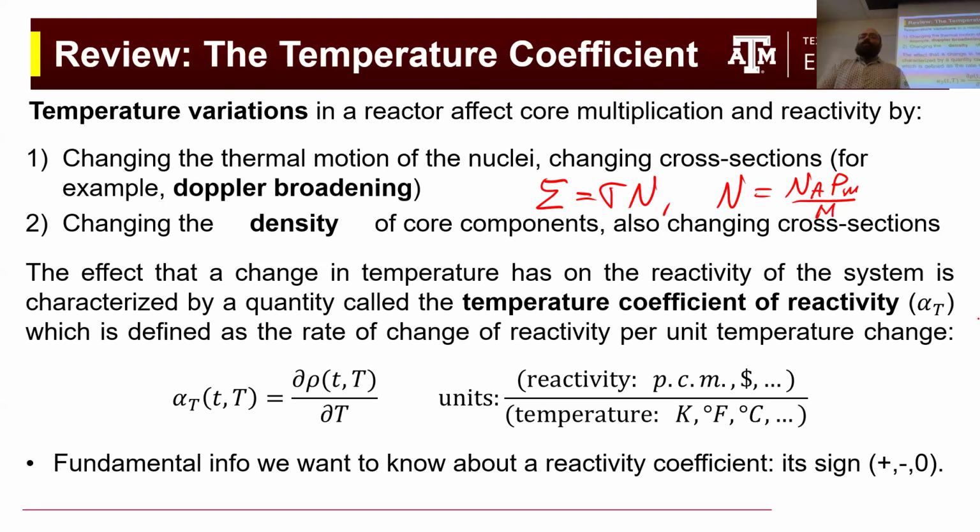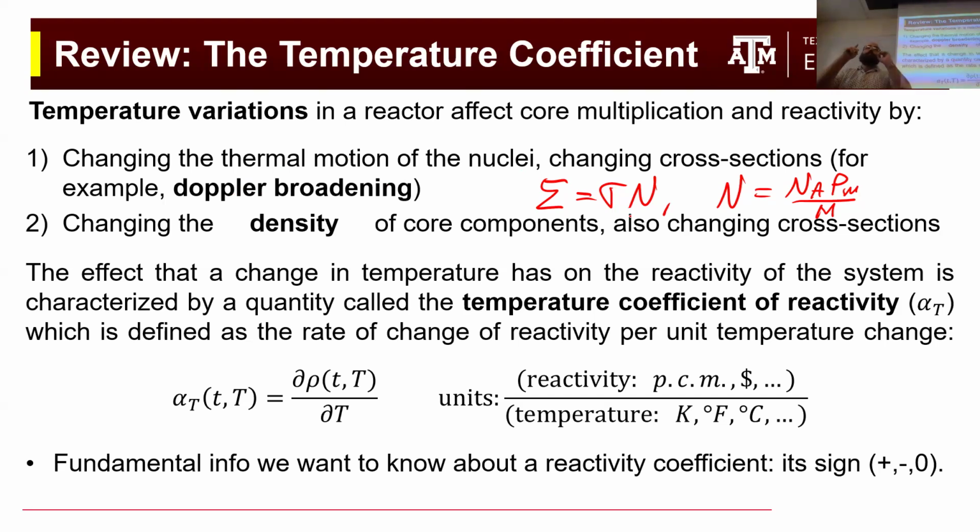So if you change the mass density of your material by heating it up or cooling it down, you change the number density of your material, and that means that you change the macroscopic cross sections of your material too. So the cross sections get changed both because of density changes as well as because Doppler broadening affects the micro cross section, little sigma.